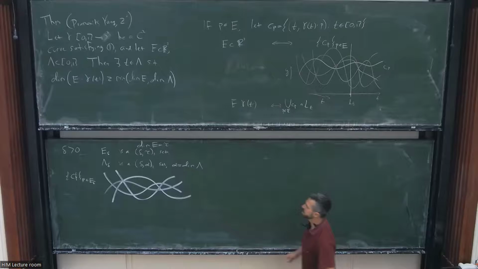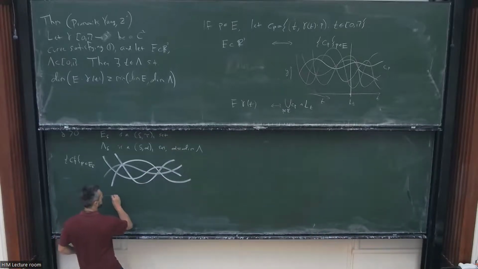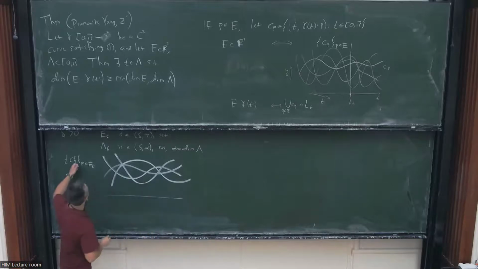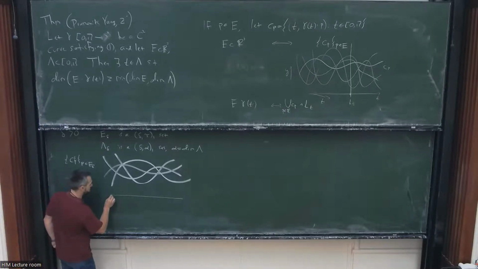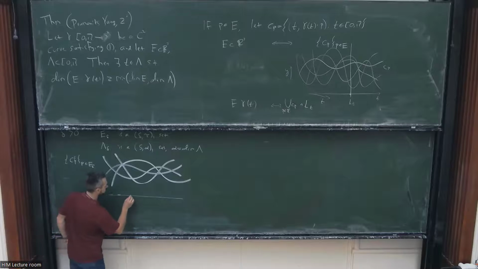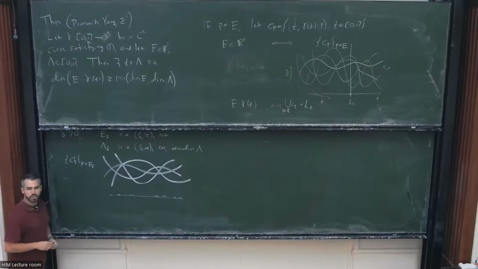I have this set lambda delta, which is a subset of 0, 1. And what does it look like? Well, lambda is a set of a certain Hausdorff dimension. So I'm going to draw some approximation of some, I don't know, half-dimensional set, something like that, at scale delta. And what is going on?